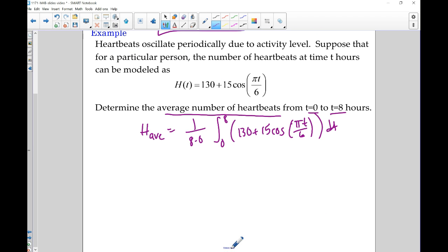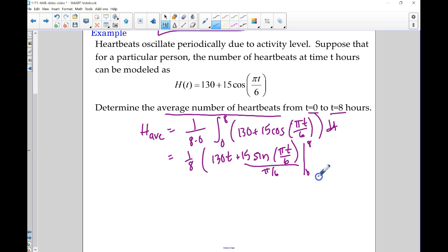Okay, and now I can compute this integral, so this is equal to 1/8, and then the antiderivative here is 130t, and then cosine is the derivative of sine plus 15, and then pi t over 6 divided by pi over 6. Okay, and I still need to evaluate all this at 0 and 8, and then that'll be my average value.